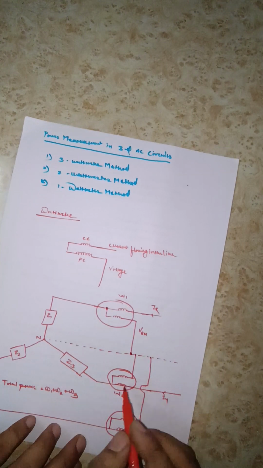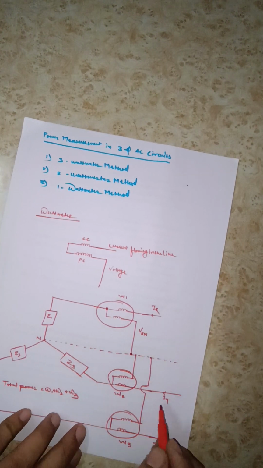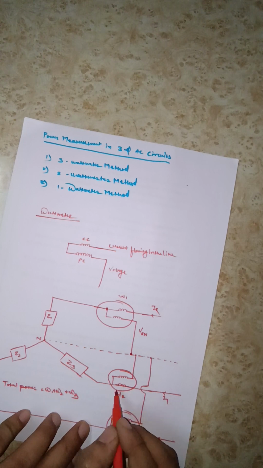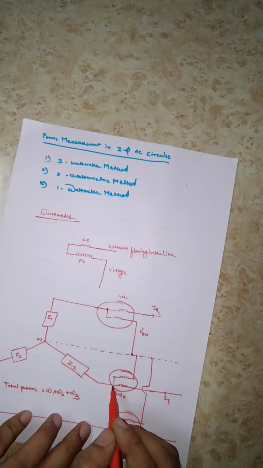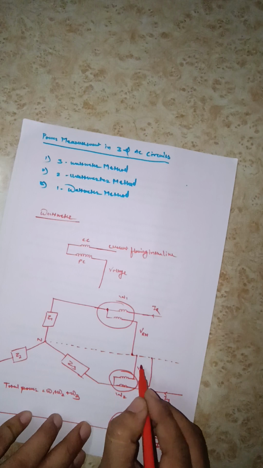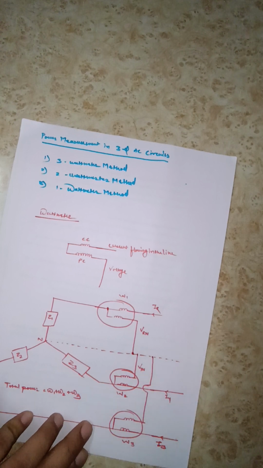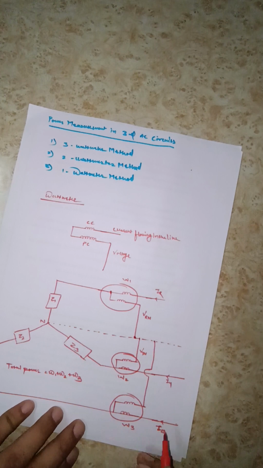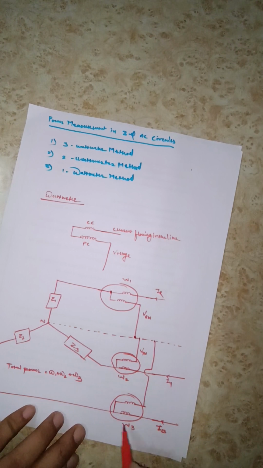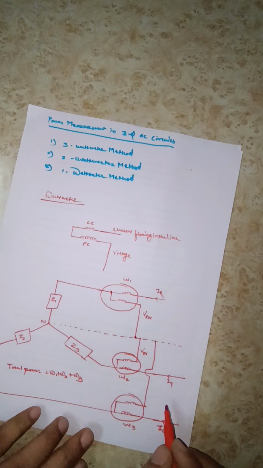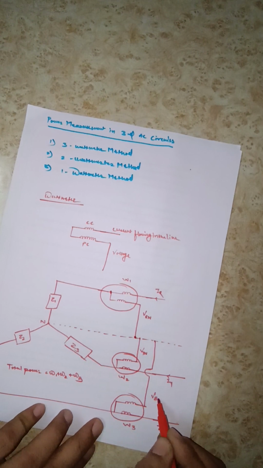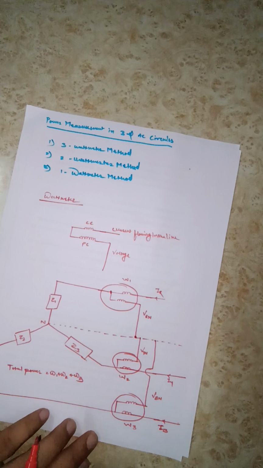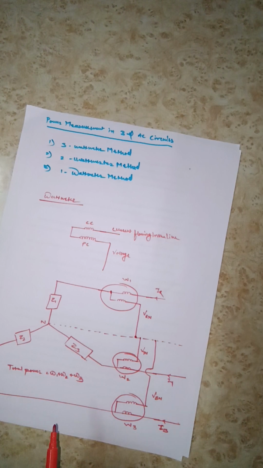Similarly, for W2, it will measure the current IY and the voltage VYN. For W3, the current IB flows through its current coil, and it measures VBN, the phase voltage between phase B and neutral.